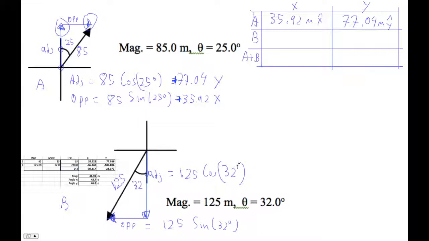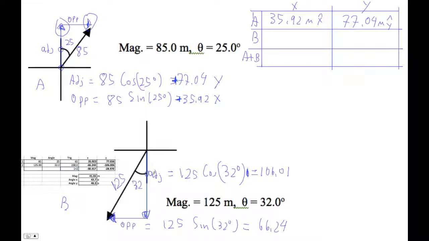And those are degrees, right? So 125 cos 32, enter. 125 sine 32, enter. 106.01 basically, right? And then this guy is 66.24.